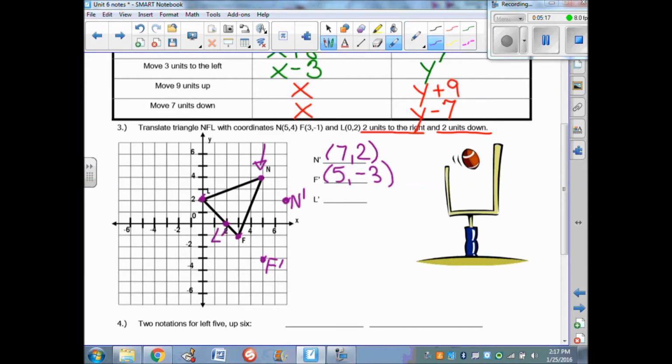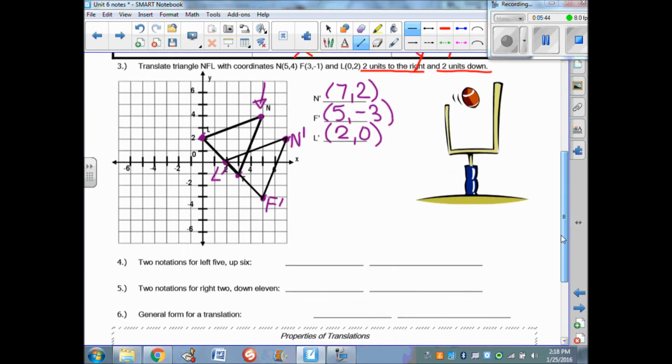So what are the coordinates of L prime? 2, 0. And now I would connect my points: N, F, L, and then back up to N. Can you see how that triangle shifted to the right and then down? So that's all a translation is, a shifting left or right or up or down.